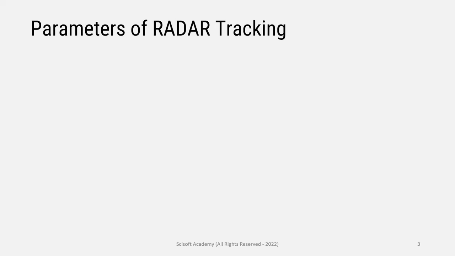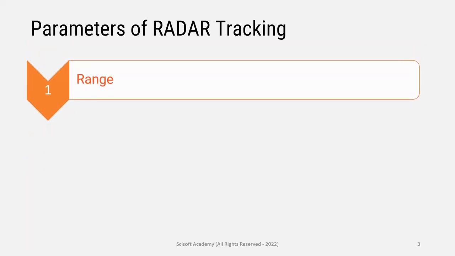So these parameters which we are going to talk about have been discussed in the previous videos itself, so I'm just going to revise it once. Let's talk about the first one. We already know range. This parameter defines the distance between the antenna and the actual target object.